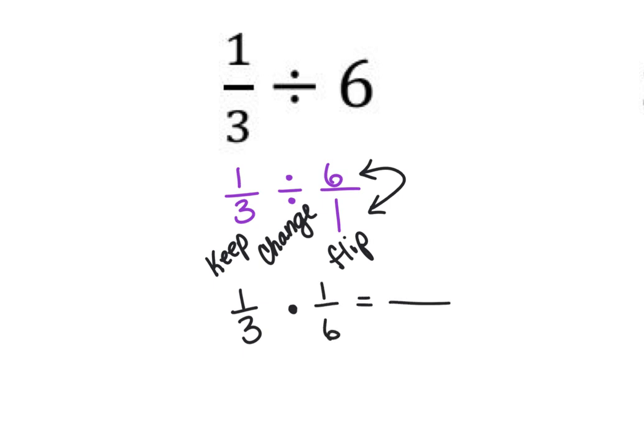Then we multiply straight across the top and straight across the bottom. Because there will be problems on the MCA where you can use a calculator, and there are going to be problems where you cannot. So we can't forget everything that we learned without the calculator.